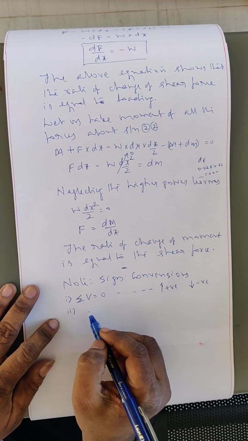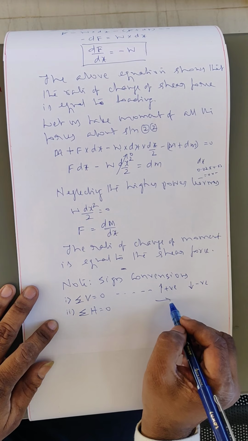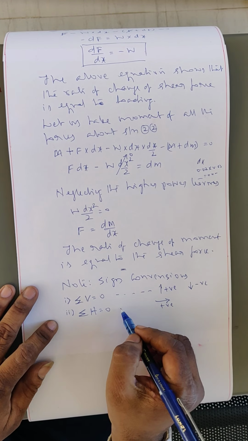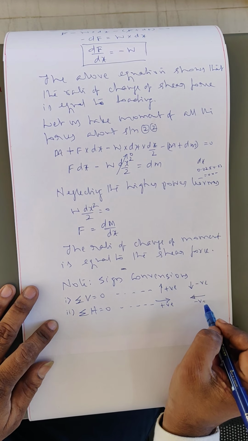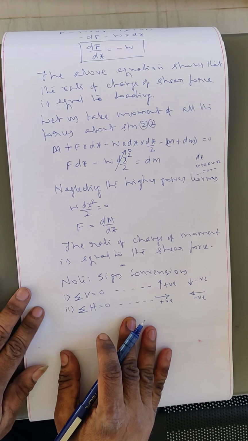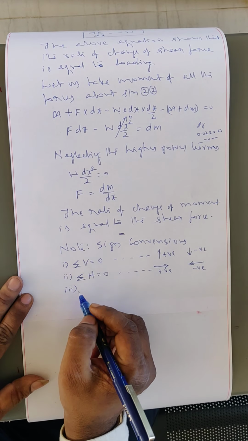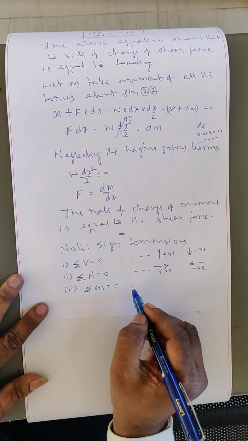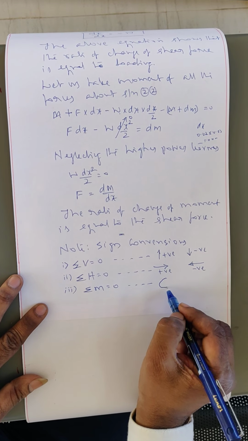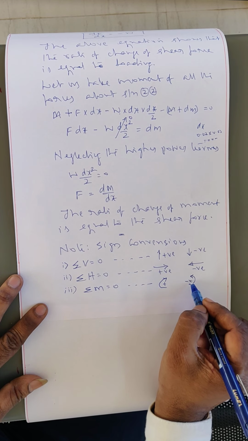Second sign convention is sigma H equal to 0. Rightward forces we will take as positive, leftward forces we will take as negative. Next, the third sign convention is sigma M equal to 0, treating clockwise moments as positive, anti-clockwise moments as negative.